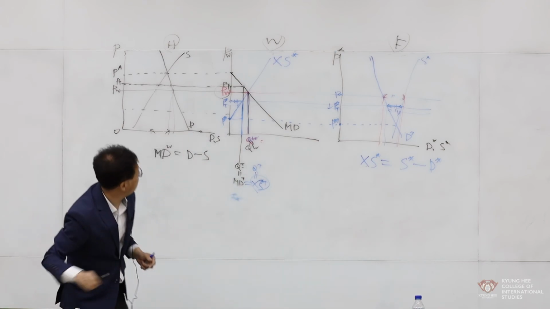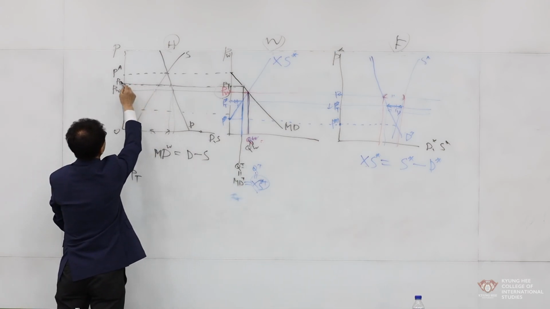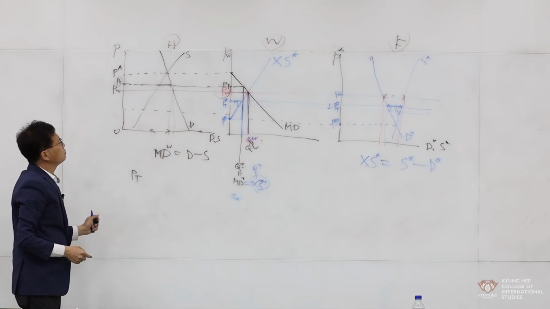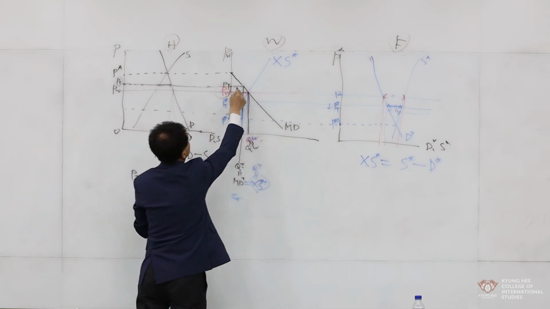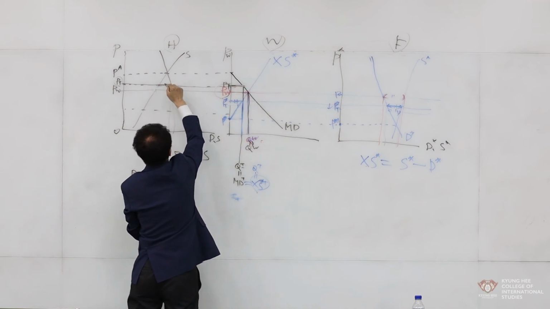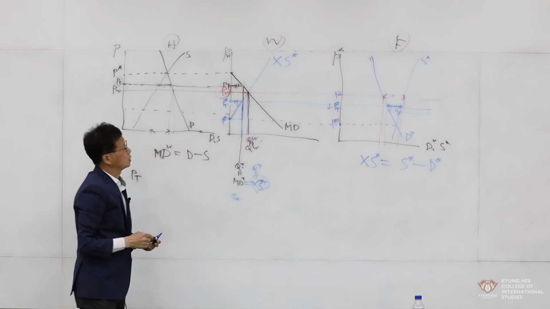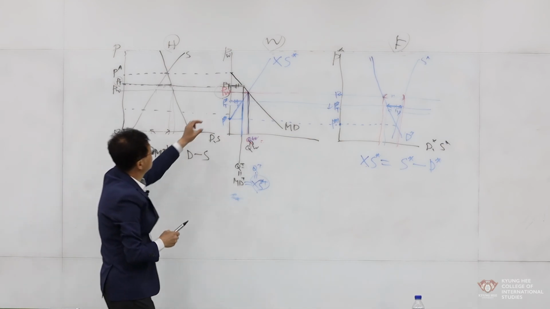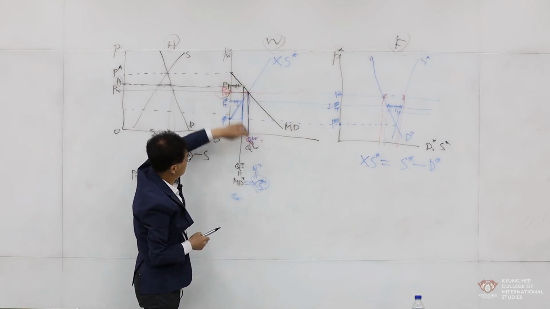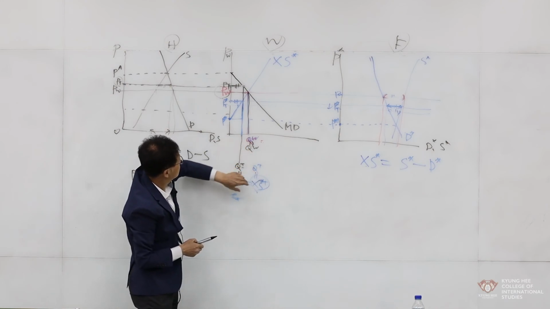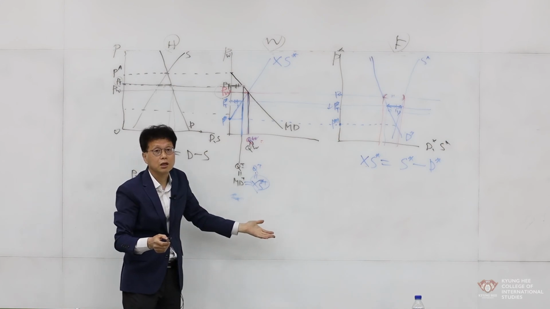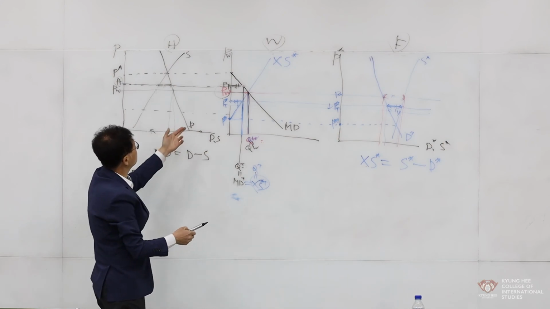Right? And in Korea, after this PT, import demand is this one. This one is equal to this one. Right? The world market reaches an equilibrium when this one is equal to this one, equal to QT. Can you understand? Then, now think about here.